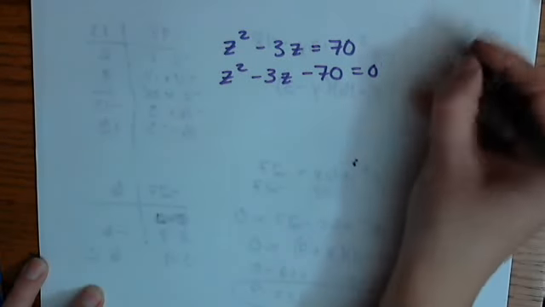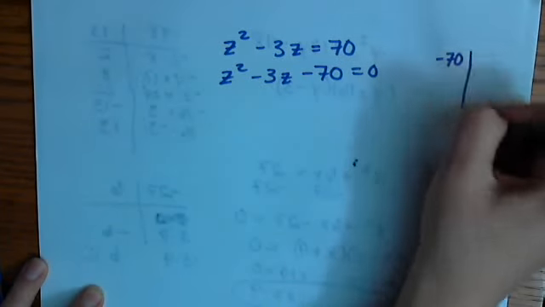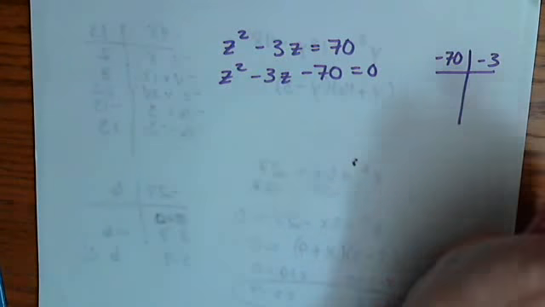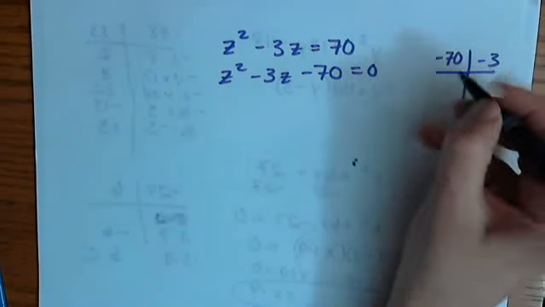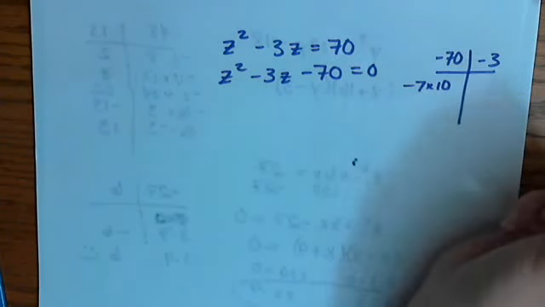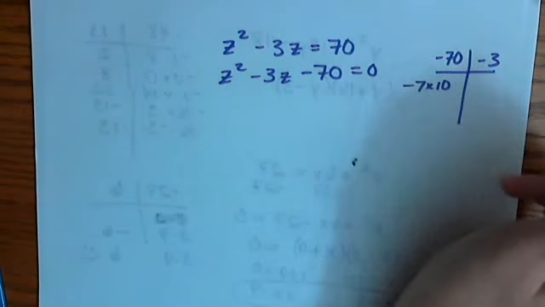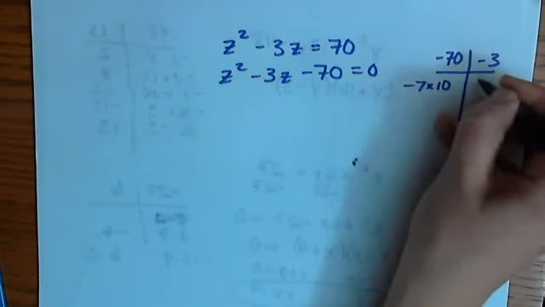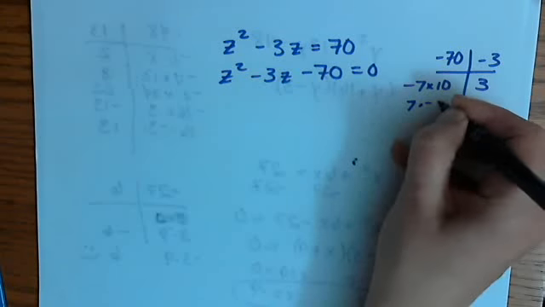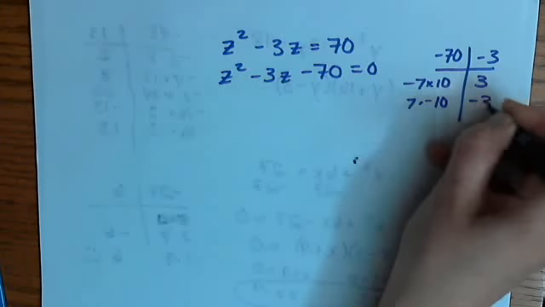What multiplies to a negative 70 and adds to a negative 3? Well, I could say 7 times 10. And I'll make that 7 negative, so I can multiply to get negative 70. And when I add them together, I get a positive 3. Or I could do 7 times negative 10, and that's negative 3.